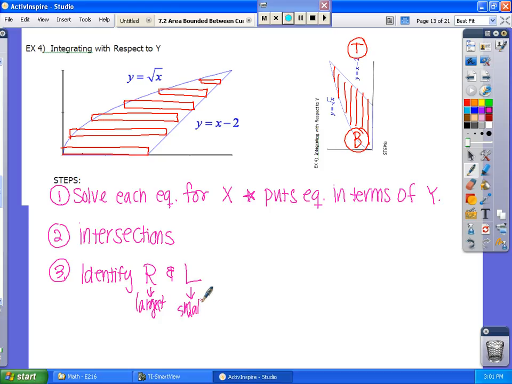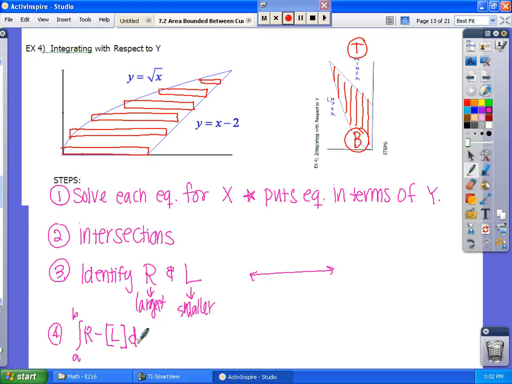X values go right and left. So in order to always have a positive area, we have to do right minus left. And so the fourth step is the integral from a to b of the right function minus the left function, d, and this time, notice I put dy.